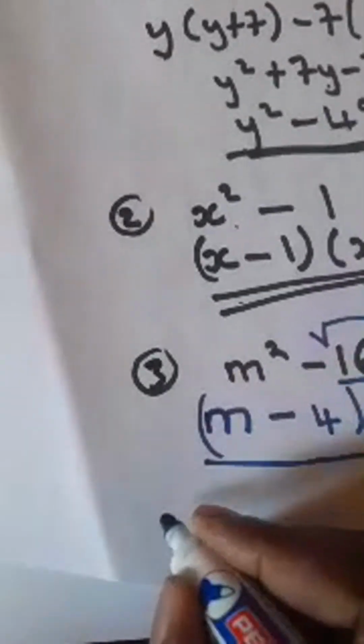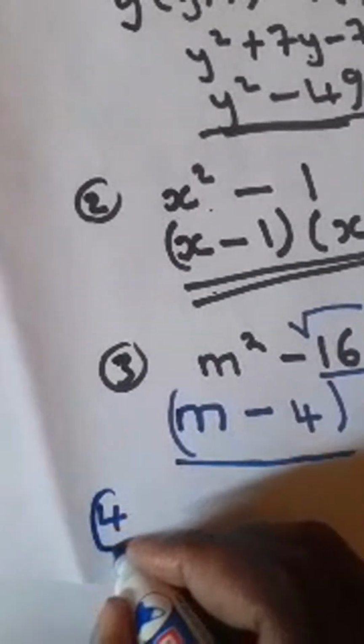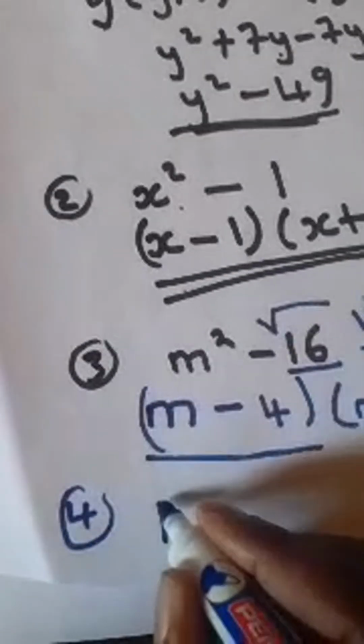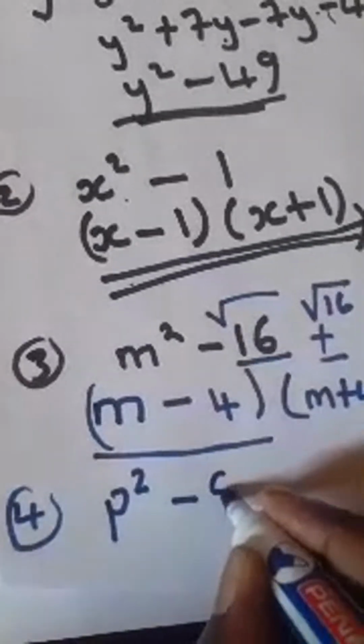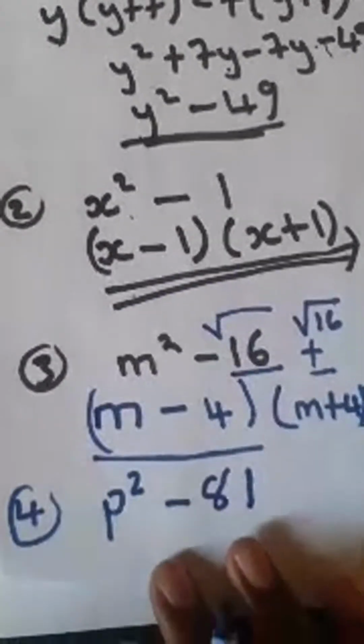So I want you to try this one. P squared minus 81. Try to factorize it completely. Anyone?